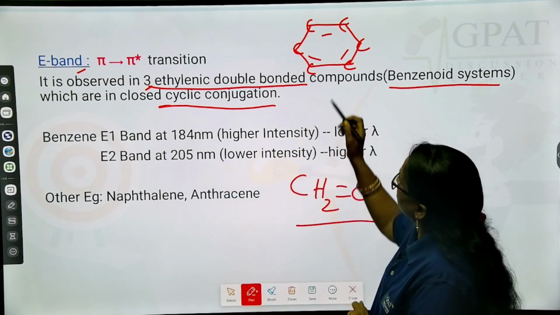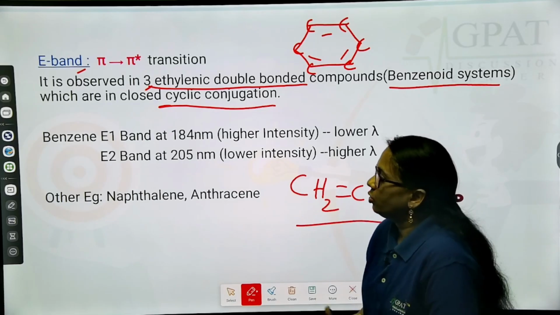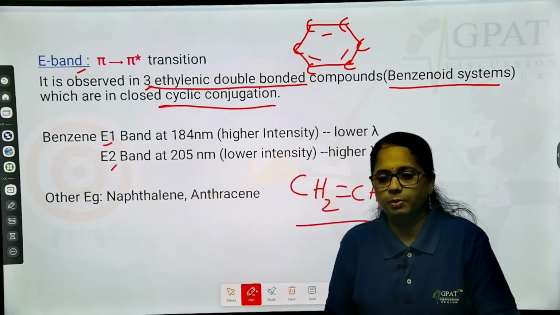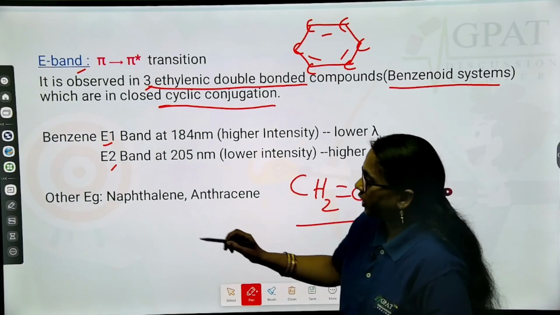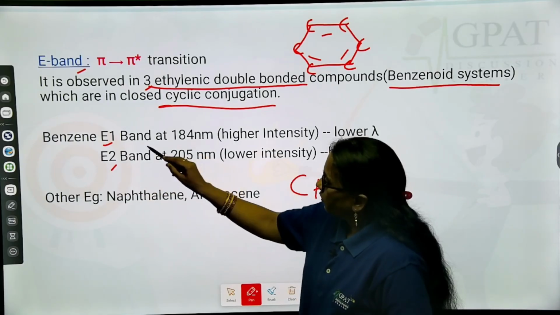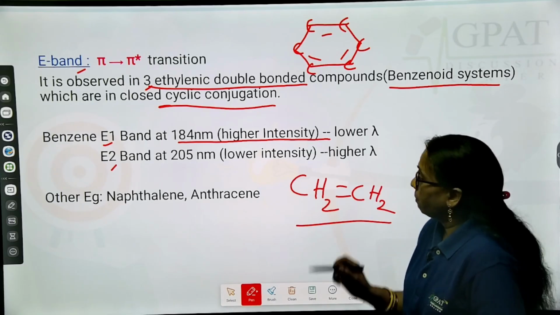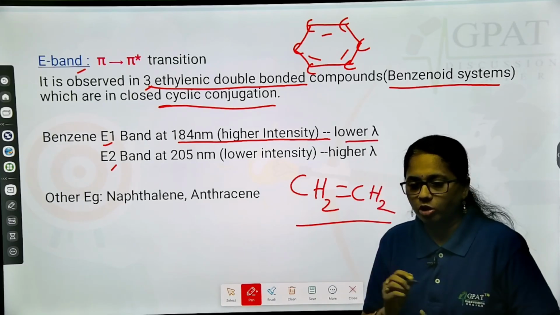And here, for the benzene molecule, you are going to see 2 types of E bands, E1 and E2 bands. Generally the E1 band has very high intensity, but it is observed at short wavelengths.